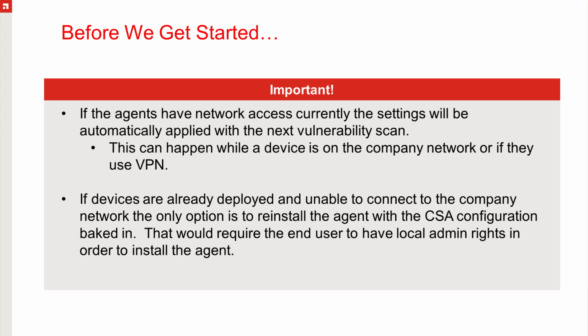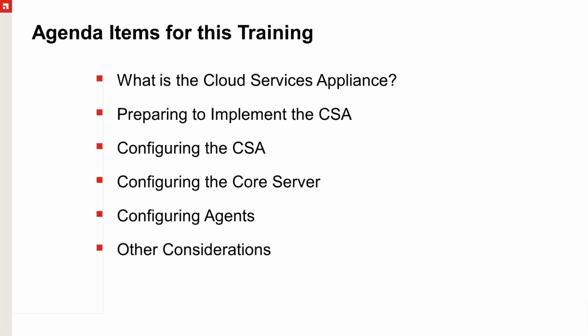All right, with that in mind, let's talk about what we're going to do in the training today. Quickly, I want to talk about what the cloud service appliance is and how it functions. Then we're going to talk about making preparations to implement the CSA and then configuring it. Again, CSA is a common acronym for the cloud service appliance. When I say CSA, that's what I mean.